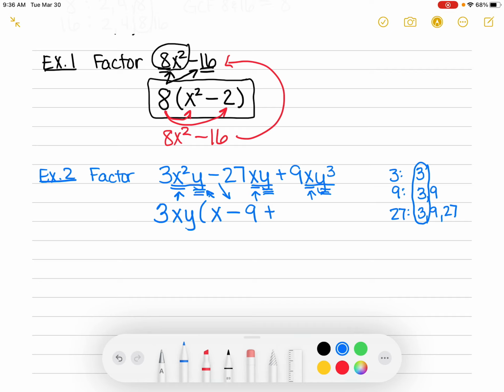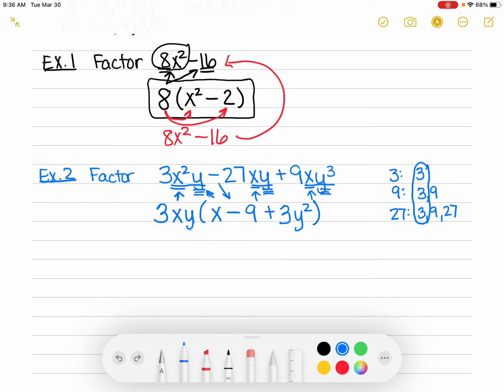Okay, moving on to the last term. I have 9xy cubed, and I need to say, what am I multiplying this by to get 9xy cubed? So the answer is 3y squared. Okay, so let's look at how I got that answer. When I multiply 3 times 3, I get the 9.